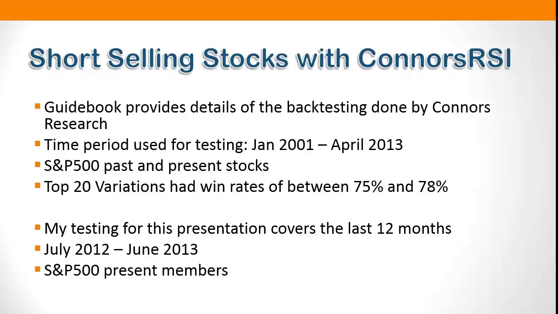But I'm going to use just present members, and so bear in mind that will have some effect on the results too, because obviously the bias is they're looking at good stocks, and this is a short selling strategy. So probably the strategy would have shown better results if I also included all prior members of the S&P 500. But I'm not doing that for this presentation.